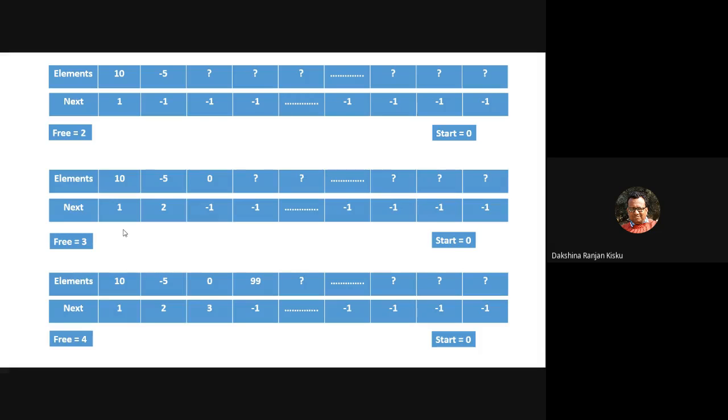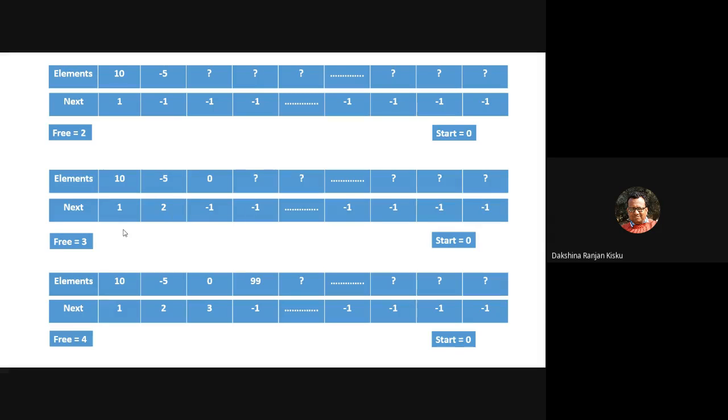Okay, and we are assigning 1 at the zeroth index position in the next array, and -1 at the first index position in the next array.